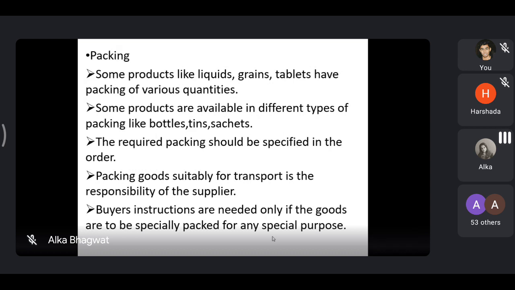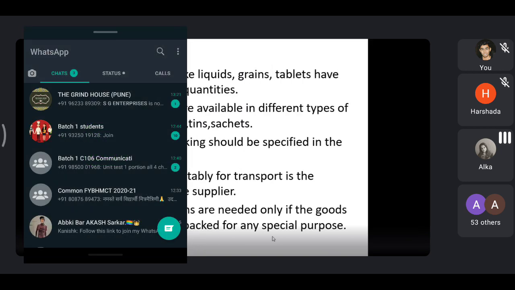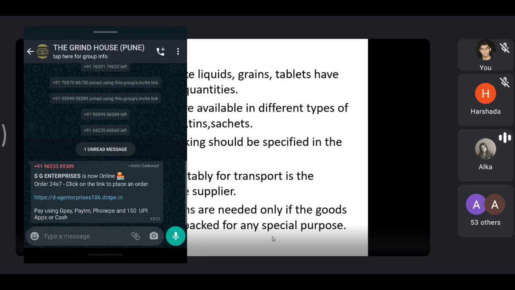Sometimes just go through that paper and see what it is. She has a proper paper where she has all the materials written, the quantity written, the size, the shape. If it's tins, they are segregated as tins. If it is liquid, it is segregated as liquid. So keep a check on that. It's called an indent paper.